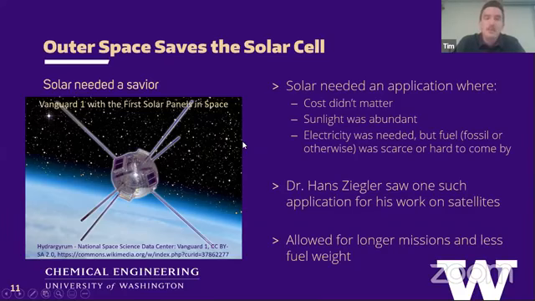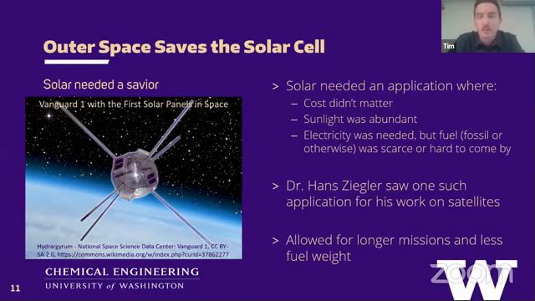But with these solar cells, while they weren't very efficient and they were very expensive, that didn't matter as much to the satellite people, because you could launch one of these probes into space and you could power it for as long as the solar cell lived, which at that point was 10 to 20 years.